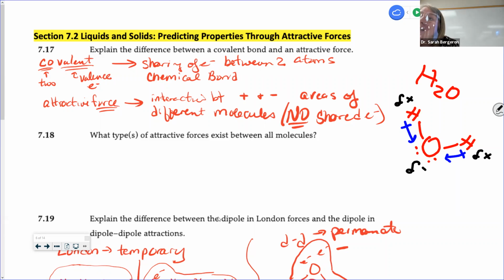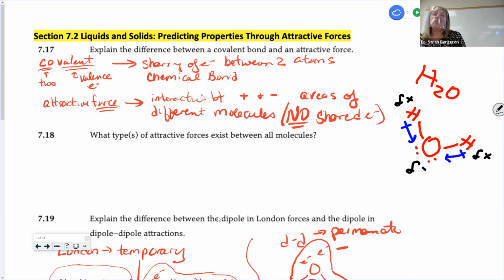So this is an example of an attractive force between molecules, right? And so this is an example of the things that we are going to talk about today. So what types of attractive forces exist between all molecules? Every single molecule on the planet is going to be attracted to other molecules.